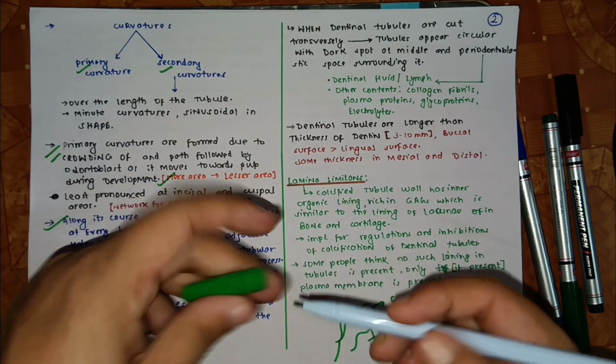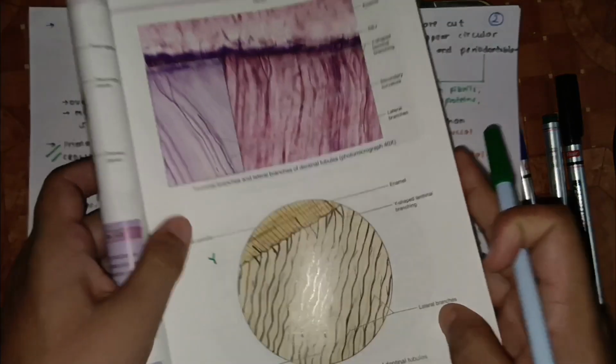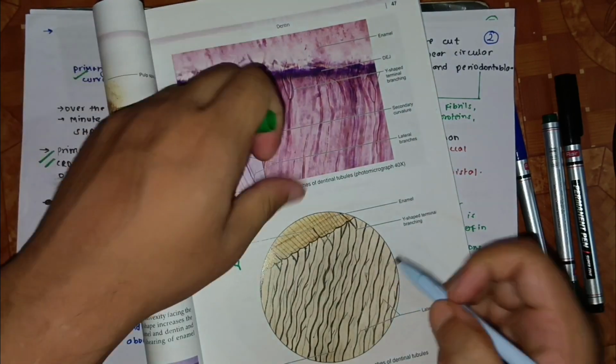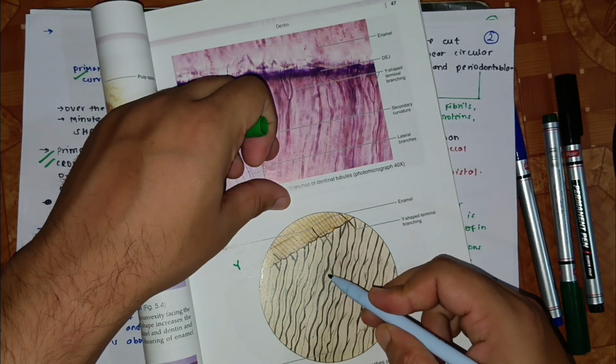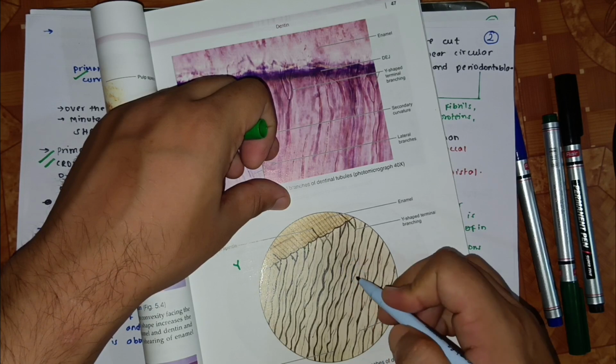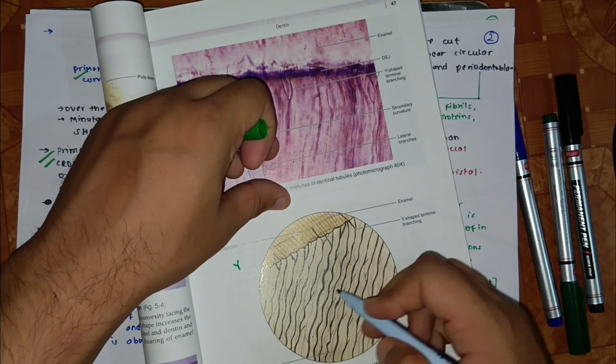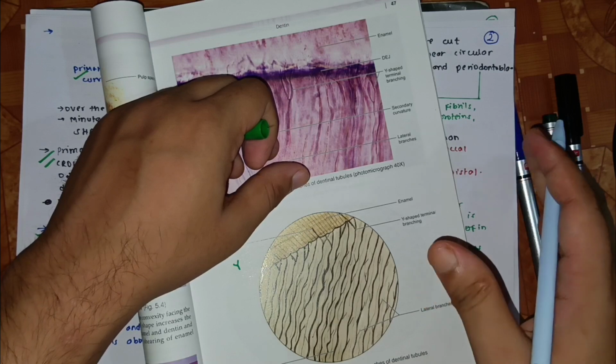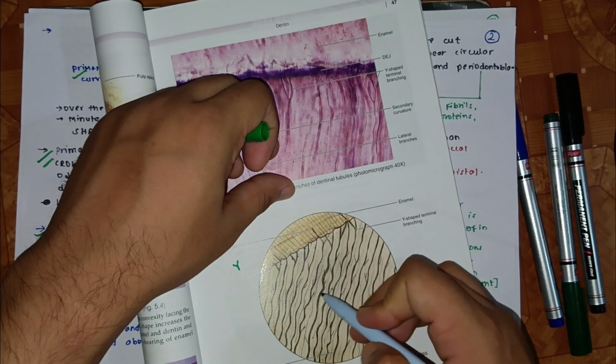What do lateral branches mean? I will explain with this picture. As you can see, these black lines are the dentinal tubules, and they are giving small lateral branches, similar to the roots of plants, which have similar lateral branches.